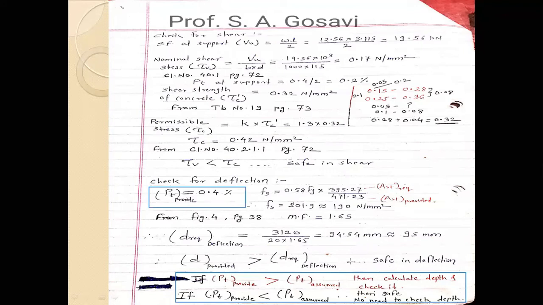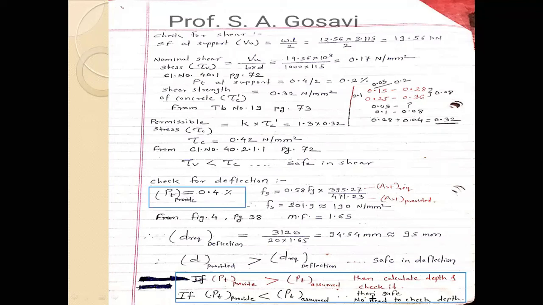Okay, if the reverse case is there, if the assumed percentage of steel value is greater, now if you assume maybe 0.4%, and if you provide 0.3%, then you will come under this second case. Okay, there is no need to check the depth, because that depth will always satisfy the criteria.